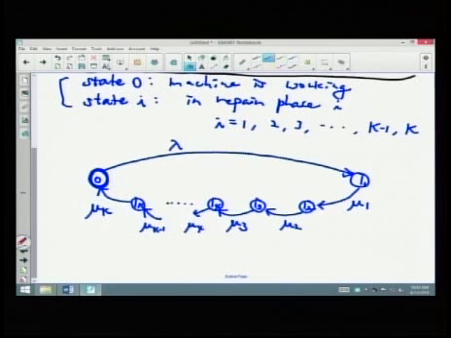So let's say this is state 1, and this is state 2, state 3, 4, and then here, k, for the simplicity of the problem. Okay? But you do know that these states from 1 to k are referring to being in repair phase. Okay?